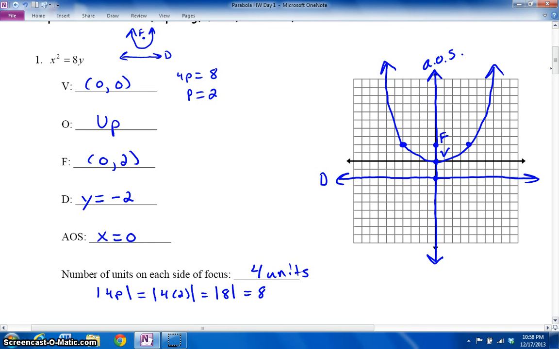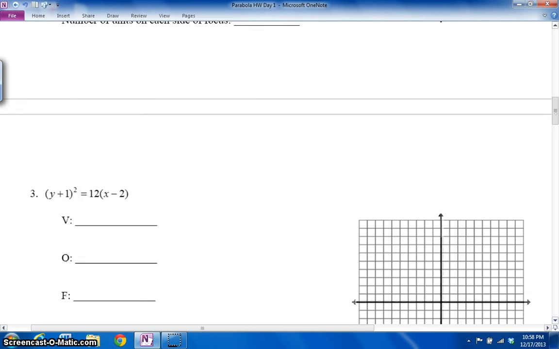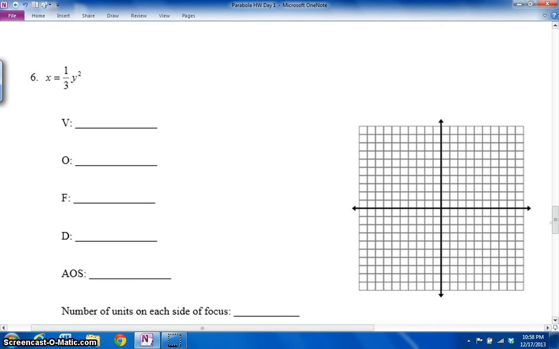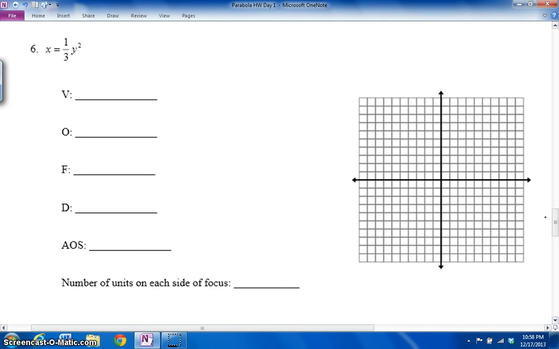Okay, looking at number 6. Another difficult one because we have a fraction now. And we have this coefficient of 1/3 in front of our squared term, the y.